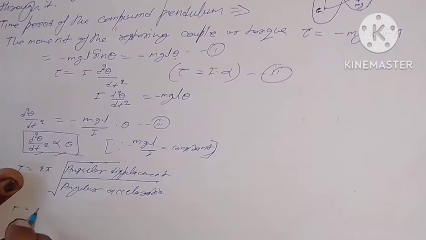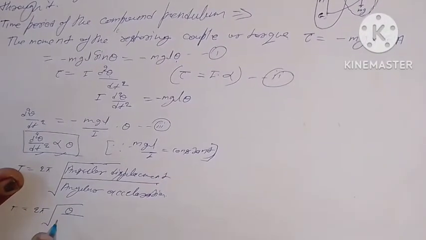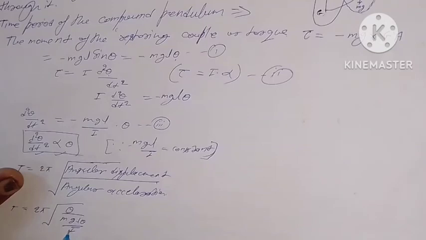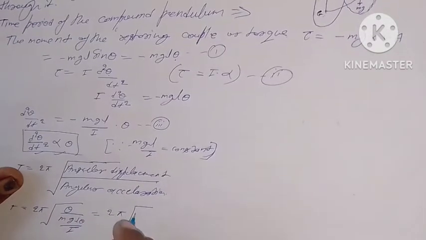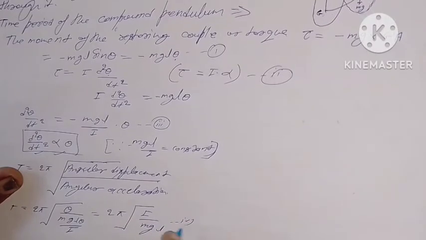That is, T equals 2 pi under root of theta upon mgl theta upon I, that is 2 pi under root of I upon mgl. This is equation number 4.